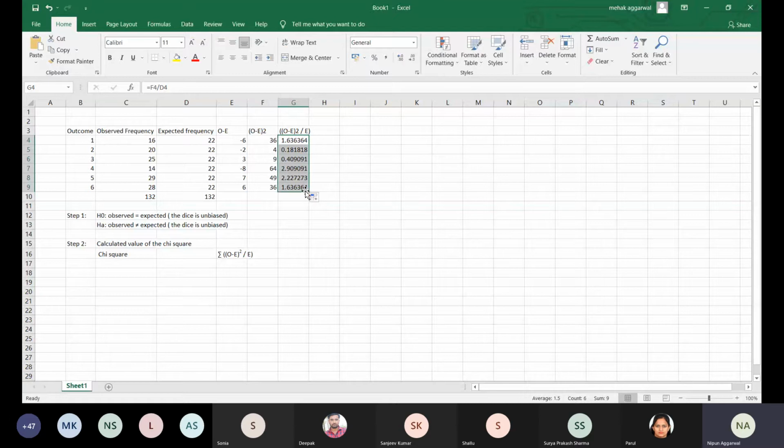Now you have to take the summation, the sum of all the values, to get the chi-square calculated value. The chi-square calculated value comes out to be 9.